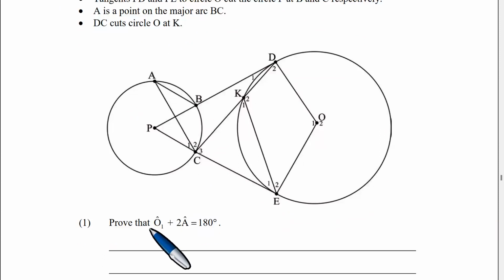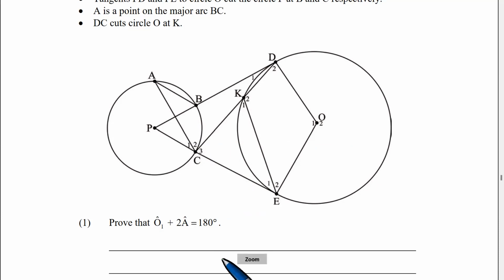Okay, we saw this one, so I can give you a split second because we did this one together last time. We need to prove that angle O1 plus twice A is equal to 180 degrees.